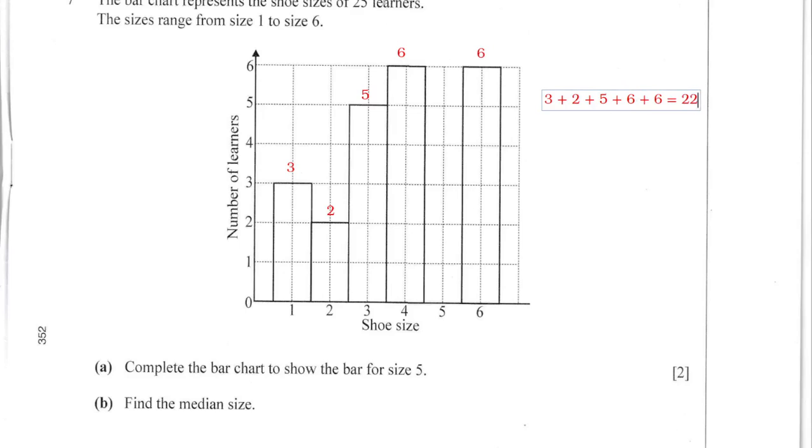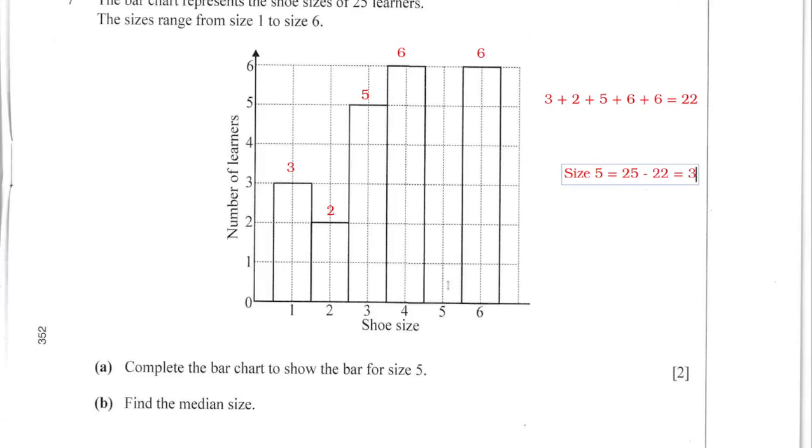Now from 25, how many learners are remaining? It's just 3. So size 5 has a total of 25 learners minus the 22, which is 3 learners.